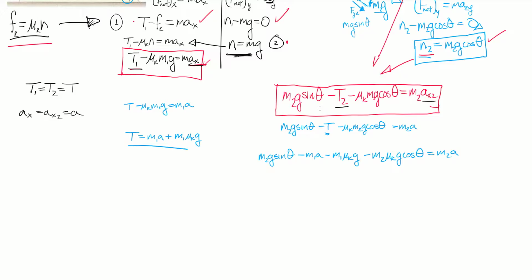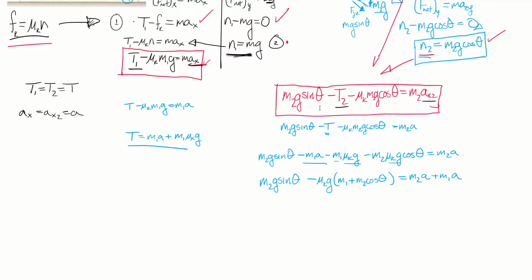Let's bring all the a's to the right-hand side and just write this out again. m2g sine theta minus, let's factor some things out here. We'll factor out the mu k g out of these. So we have mu k g times m1 plus m2 cosine theta is equal to m2a, and then we can't forget about that term, plus m1a.